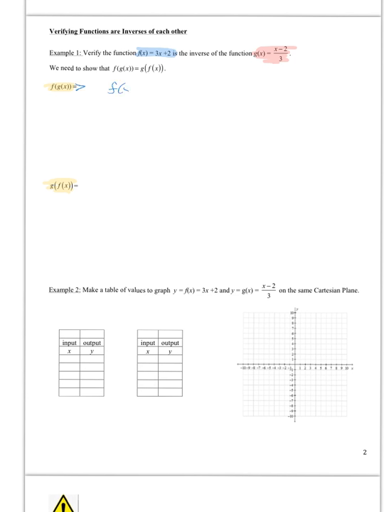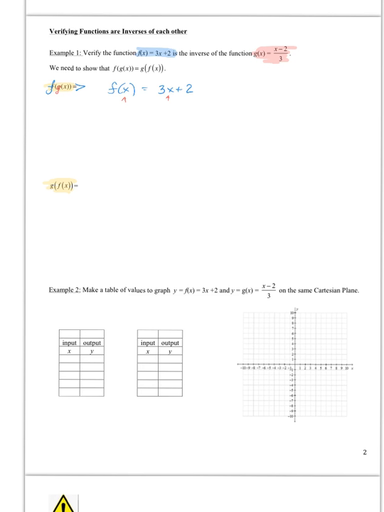So I'm going to begin with f of x, since f is on the outside, which is 3x plus 2. And what am I going to substitute in for x in my outside function f? I'm going to substitute in g. So now I'm going to substitute in g for x.